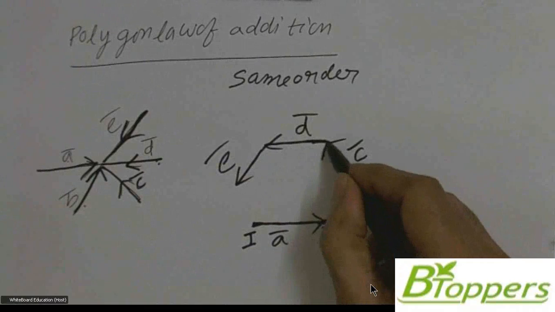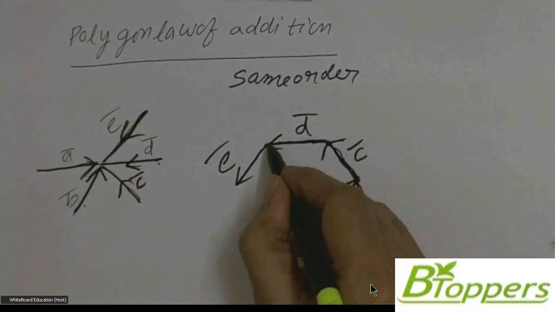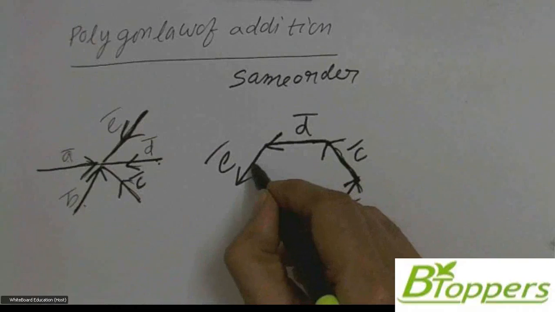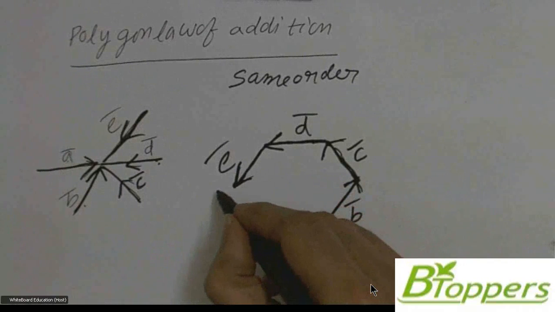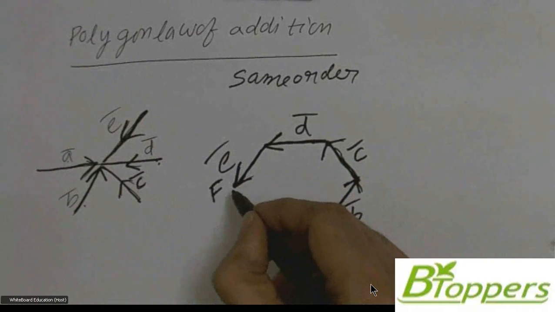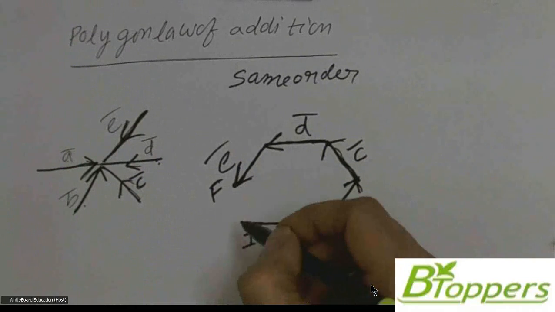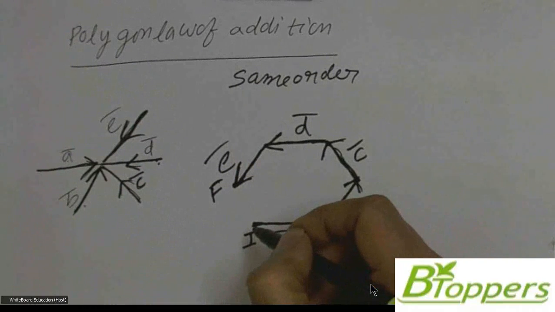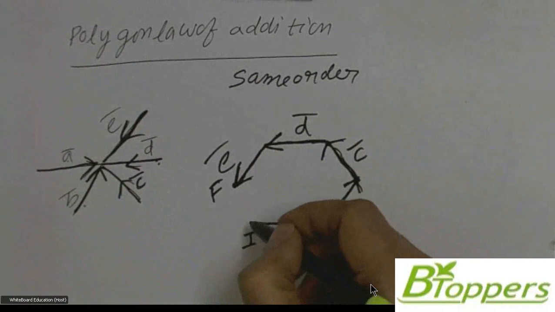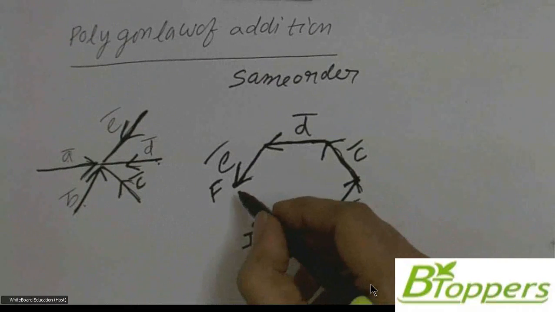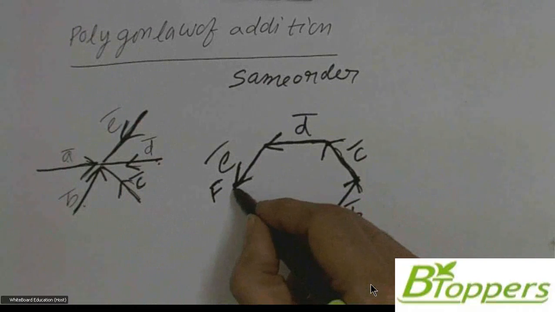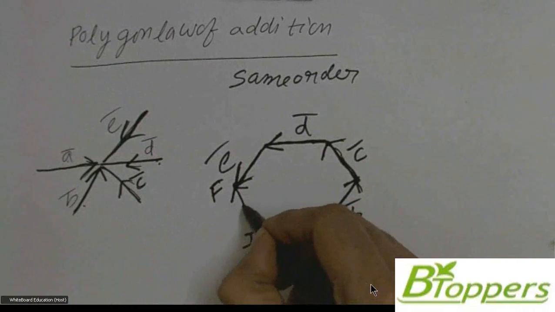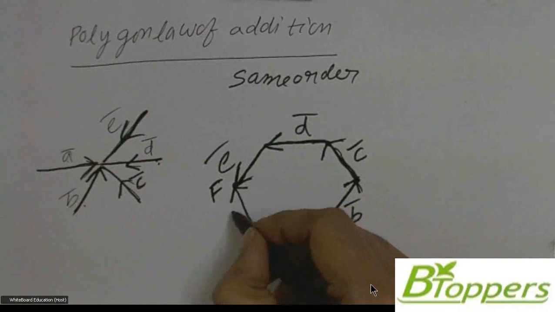And C bar represents the third displacement, D bar is the fourth displacement, and E bar is the fifth displacement given to the particle. That means F is the final position of the particle at the end of five displacements. I is the initial position of the particle at the beginning of the five displacements. So the magnitude of the resultant displacement will be equal to the shortest distance between the initial and final positions.